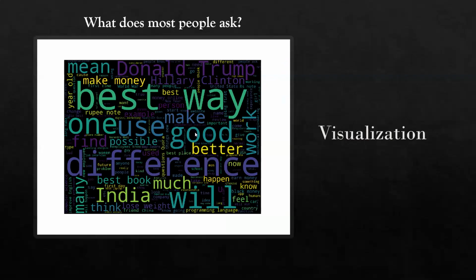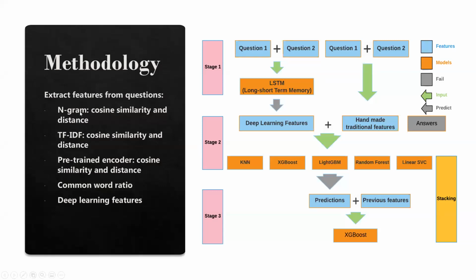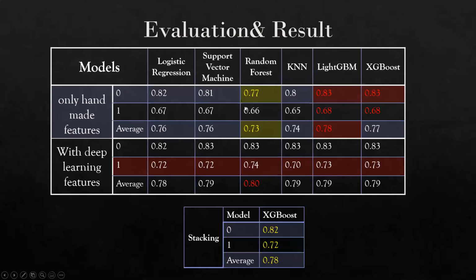Handmade features are the traditional natural language processing features. Okay, I see. Yeah, because I made them by hand. And compared to the handmade features, there are deep learning features, extracted from deep learning models. Okay, I see.